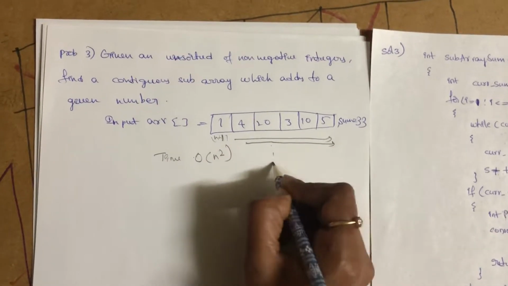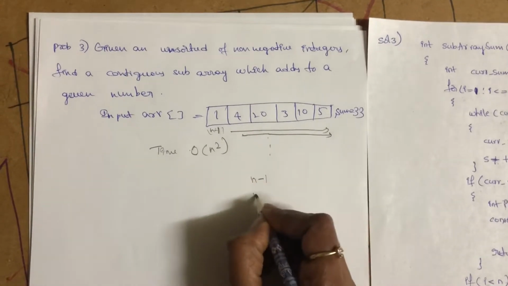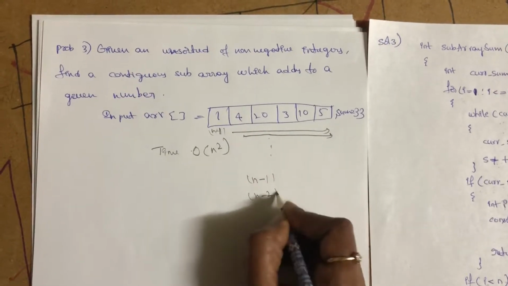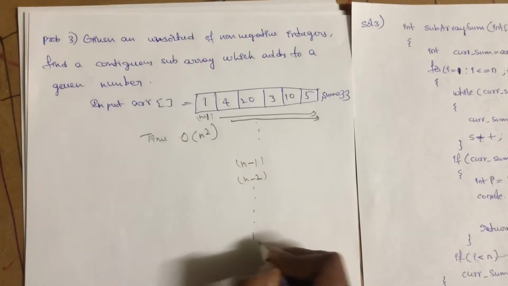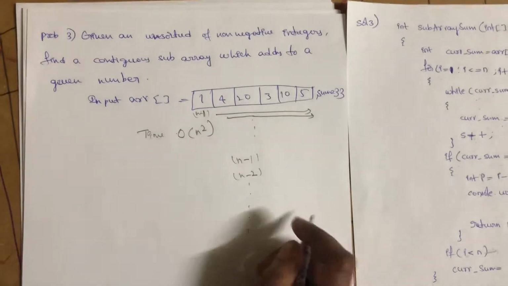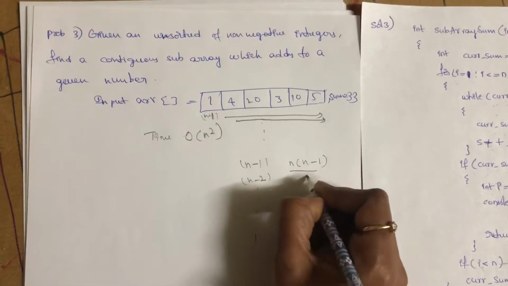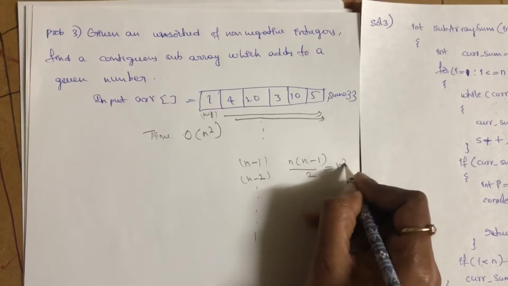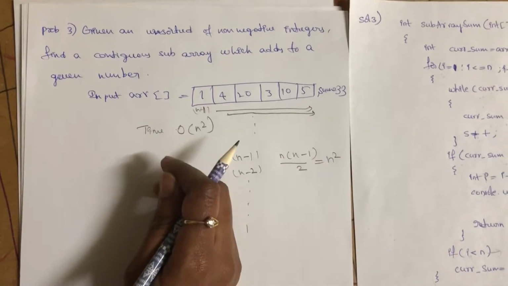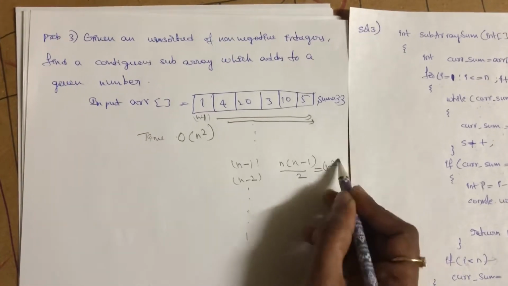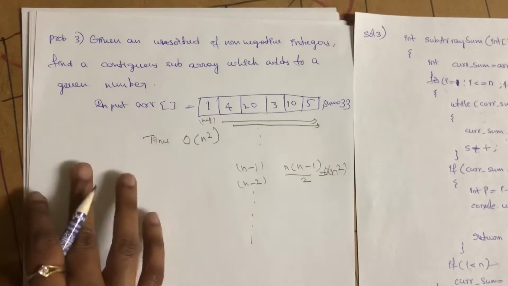That is n minus 1, n minus 2, up to 1, which is n into n minus 1 by 2, equal to n square. So it is not efficient.